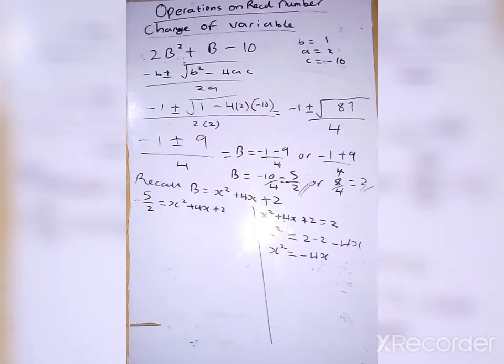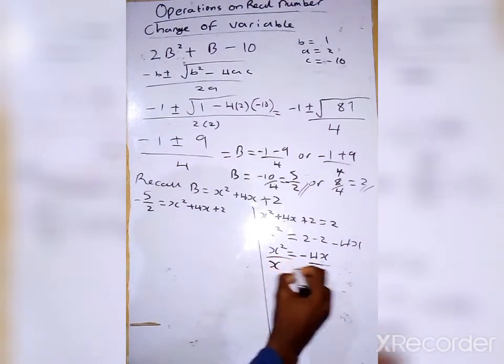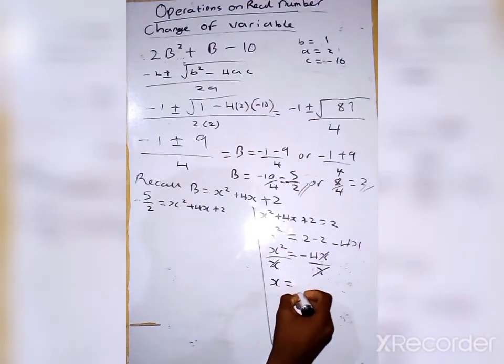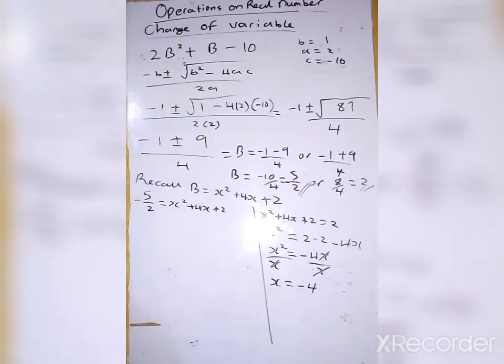Since my x squared is minus 4x, I can say divide both sides by x, so my x will be equal to minus 4.